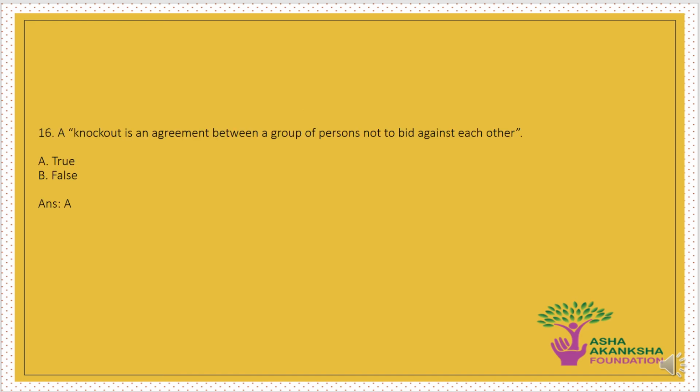The next question is: a knockout is an agreement between a group of persons not to bid against each other. The statement is A. True, B. False. The correct answer to this question is option A. That is, a knockout is an agreement between a group of persons not to bid against each other is a true statement.